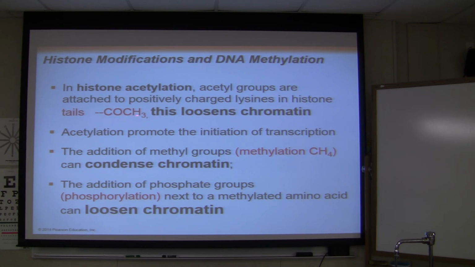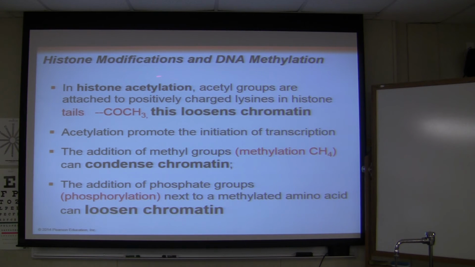Acetyl groups are attached to positively charged lysine. Lysine is what? Does anybody refresh my memory? What is a lysine? 20 what? 20 amino acids. And lysine is one of those 20 amino acids.